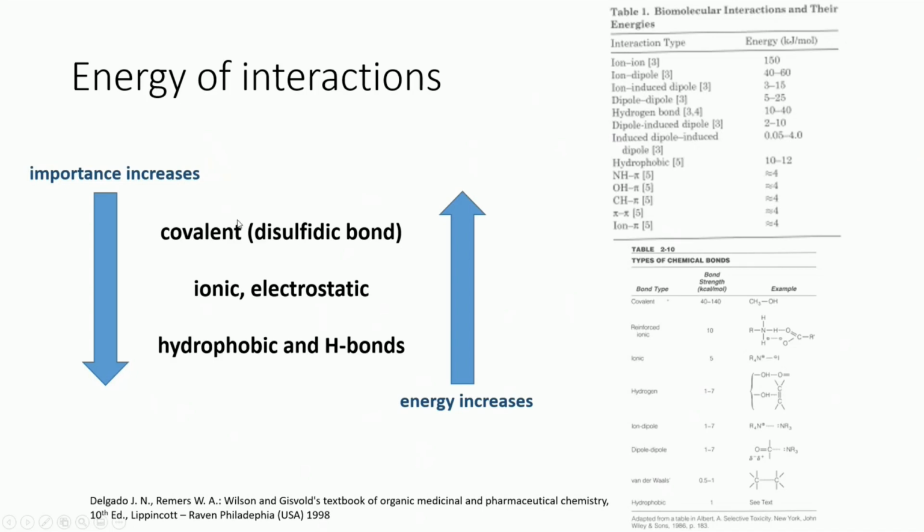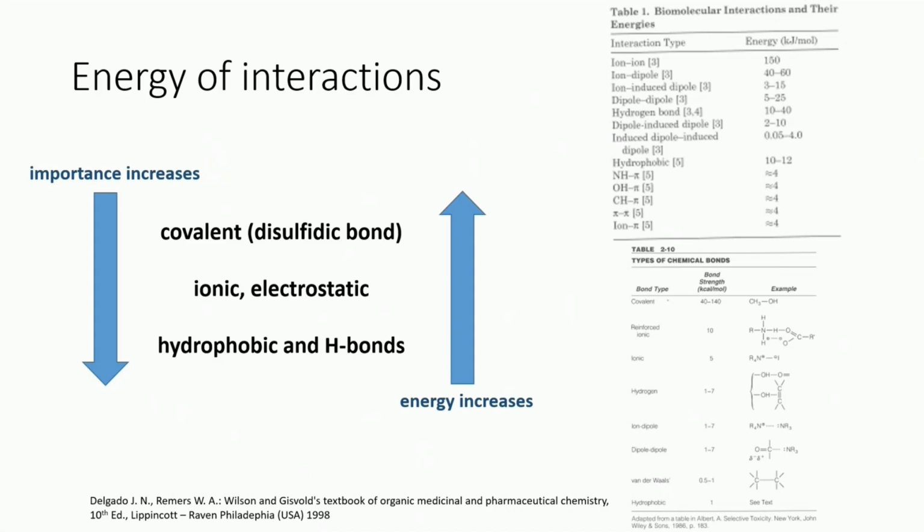So its importance is not as high as electrostatic or hydrogen bonds or hydrophobic interactions. They are more frequent, even though the energy is relatively low. However, there are always several interactions in case of non-covalent interactions between the drug and the target.